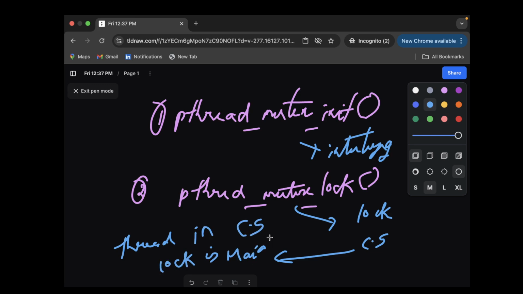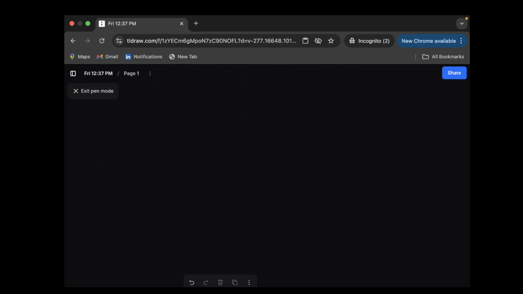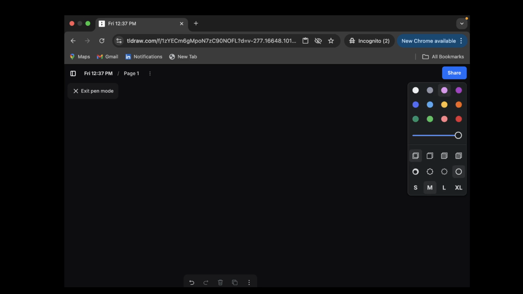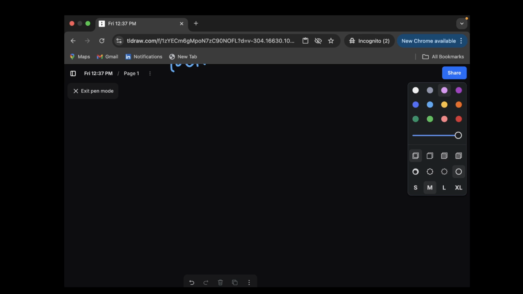Now, when the work is done, we need to unlock the mutex. So fourth is basically unlock the mutex.